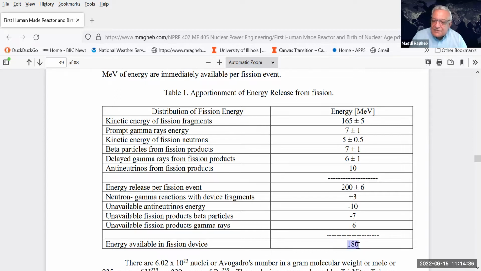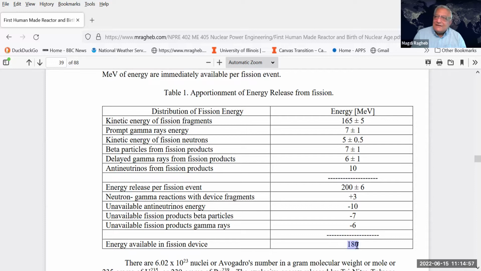So a single nuclear event produces 180 million electron volts, whereas a chemical event produces 13.6 electron volts.